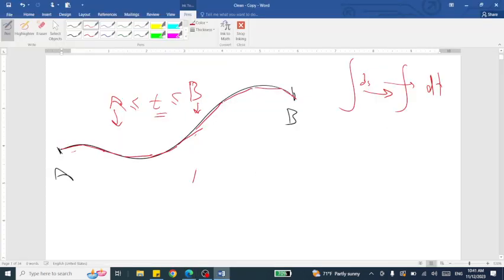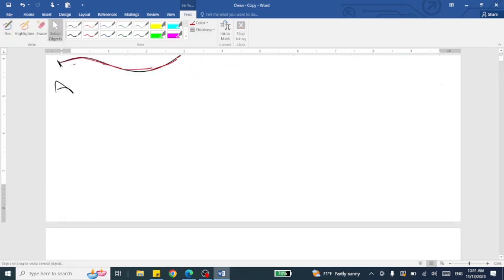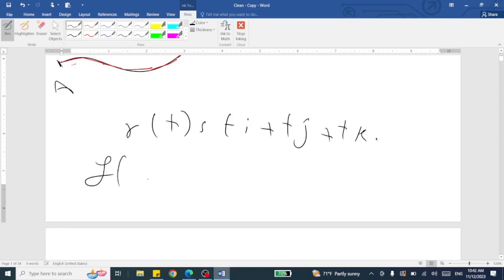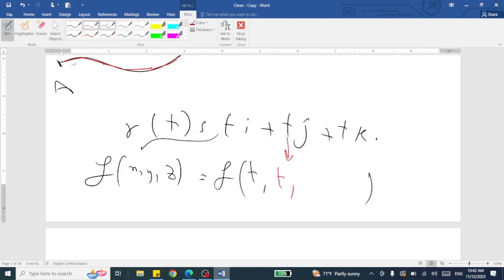So your r of t is ti, tj, tk. Okay. So how about f(x, y, z)? How do we change that one? So I know x is equal to t, y equal to what? t, z equal to what? t.